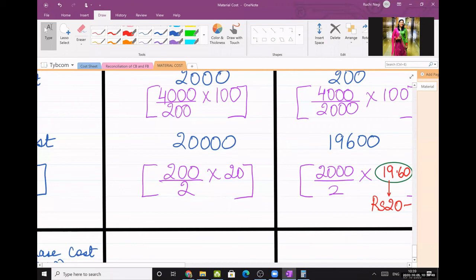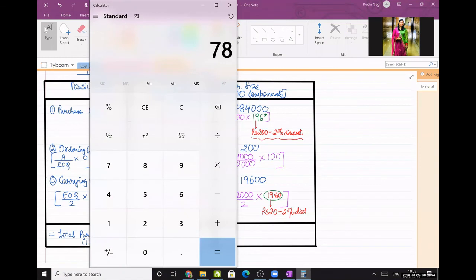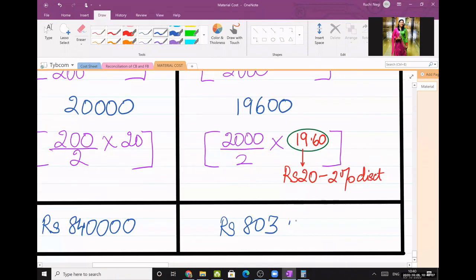Next, 7,84,000 plus 200 plus 19,600. So 8,03,800.